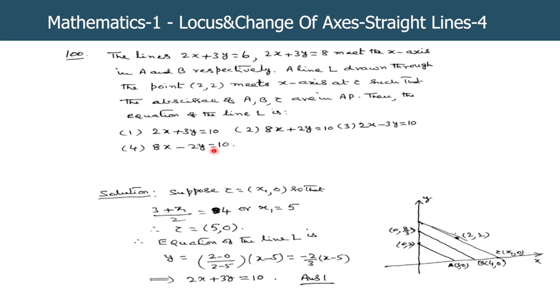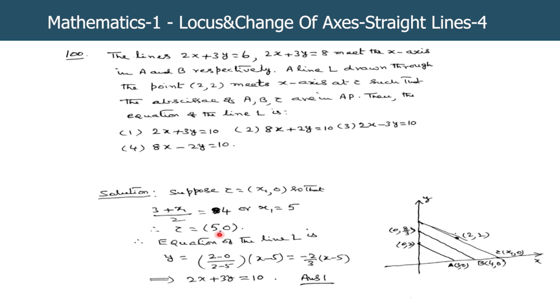And you know that the first two given lines are parallel lines. Suppose C is equal to x1 comma 0. Because the x coordinates of A, B, C are in AP, you know that 3 plus x1 by 2 is equal to 4, or x1 is equal to 5.